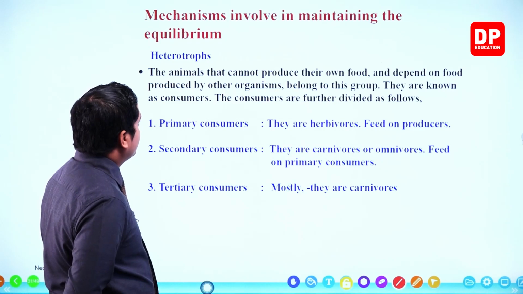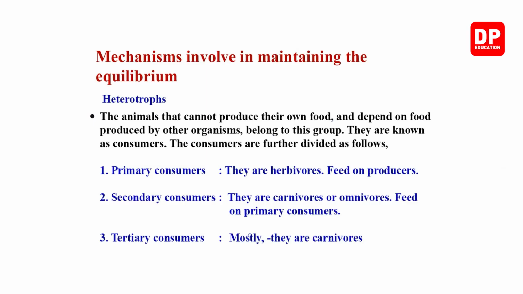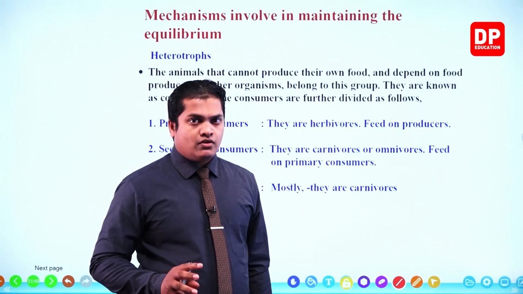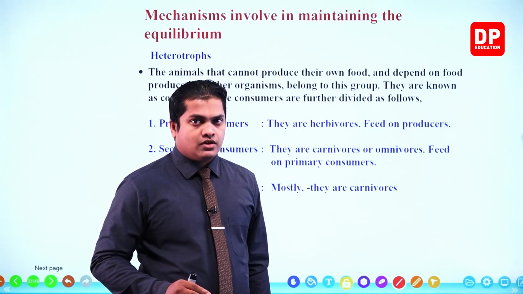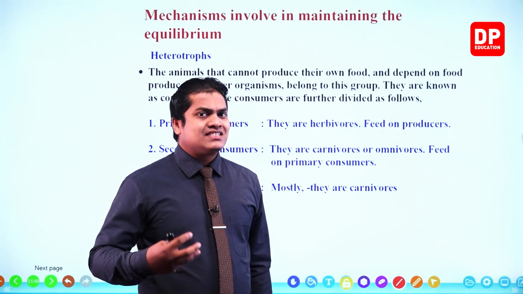Heterotrophic organisms are the organisms that depend on food which is produced by autotrophic organisms. Autotrophic organisms are the ones acting as the main producers.